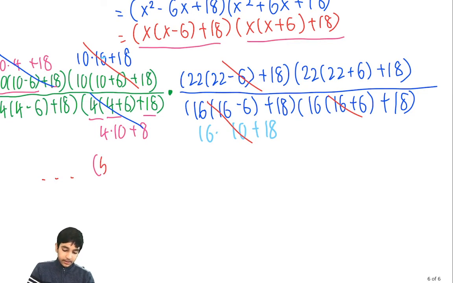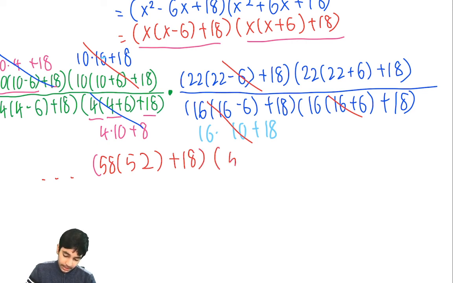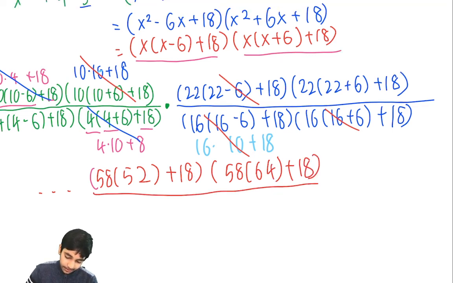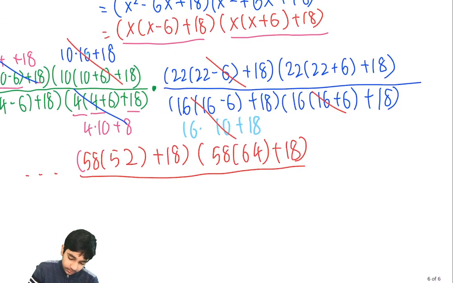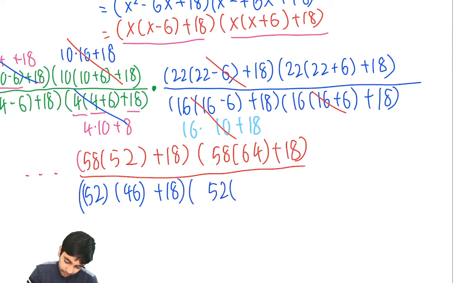This is just 58 times 52 plus 18 times 58 times 64 plus 18 divided by, so I don't get confused again, 52 times 46 plus 18 times 52 times 58 plus 18.